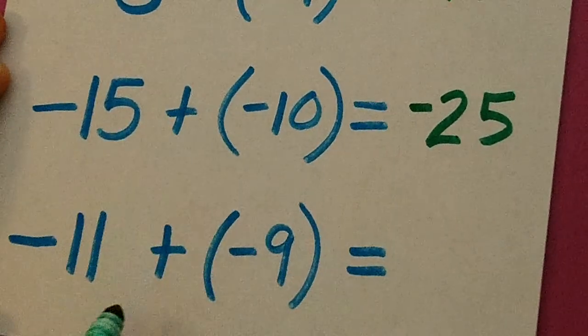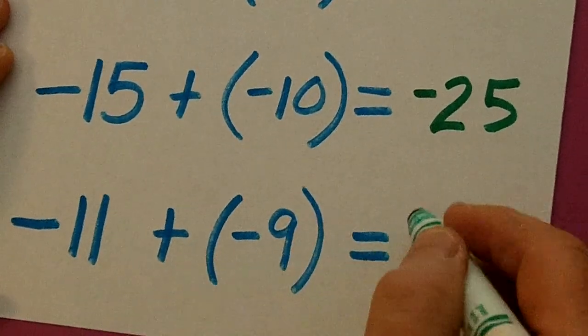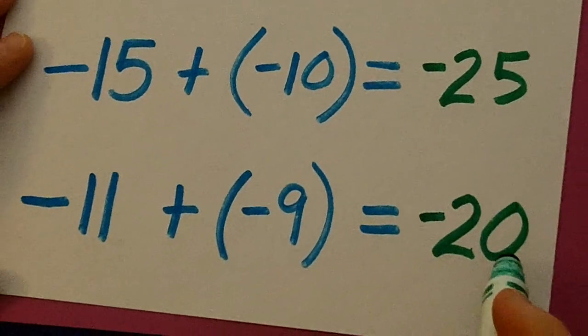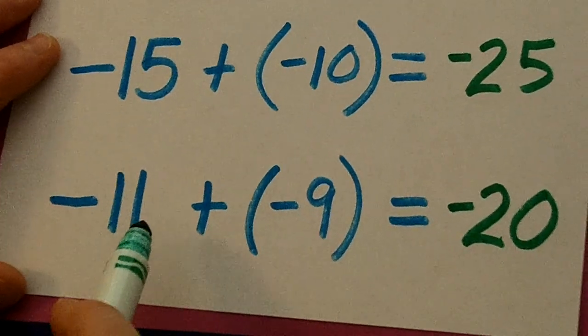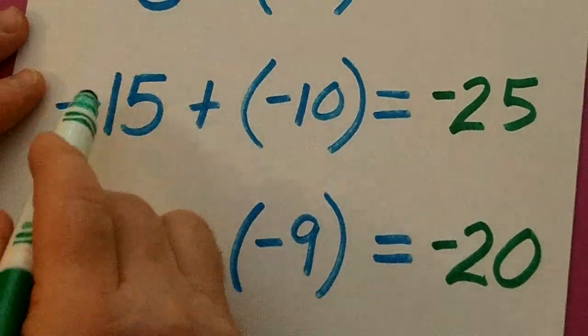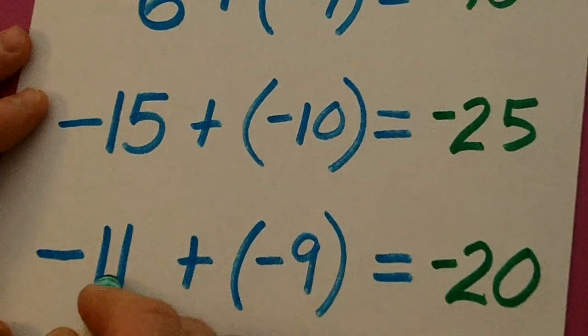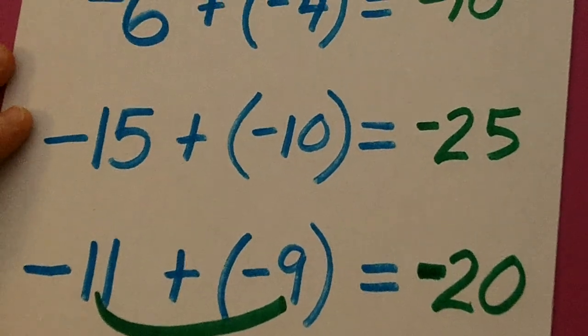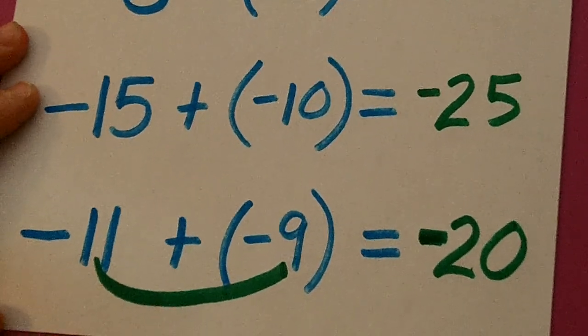Back 11, back 9, we've gone back 20. A negative 20. So this is what happens when we add 2 negative numbers. You add up those numbers and put a negative sign in front of it. If you don't understand it, you have to memorize it.